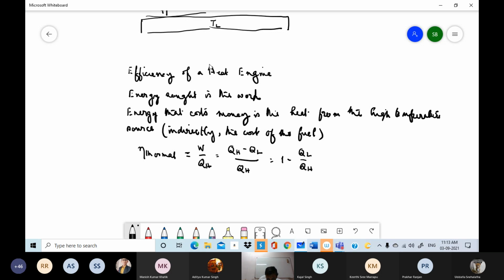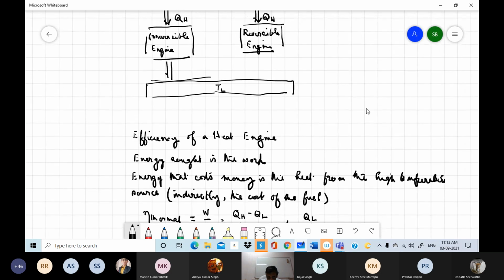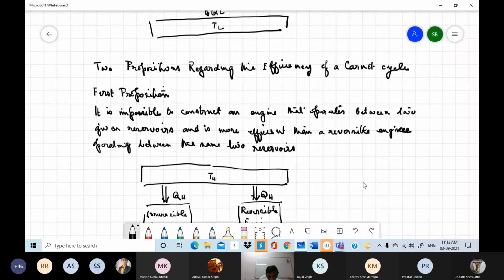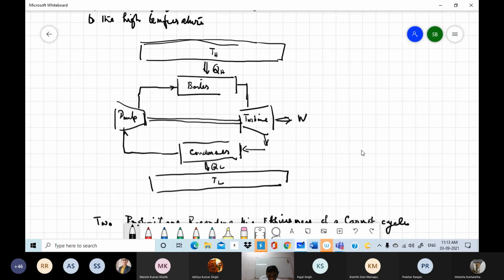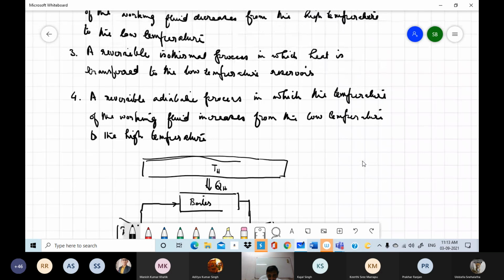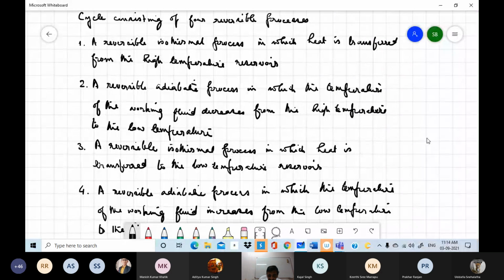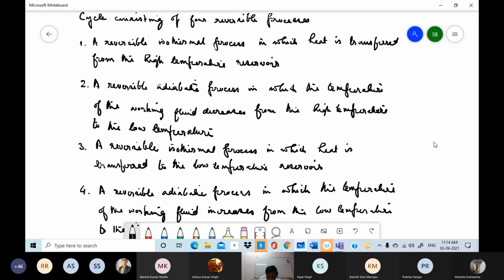Since we are discussing heat engines, we also stated that in the Carnot cycle, since each of the processes is reversible, the entire cycle is also reversible. So the entire cycle could be operated in reverse.